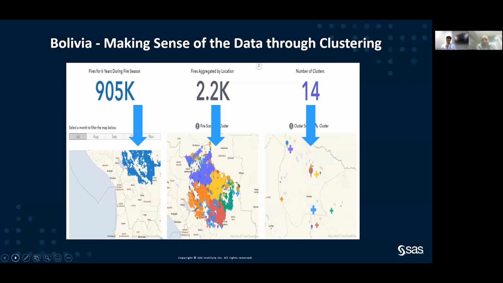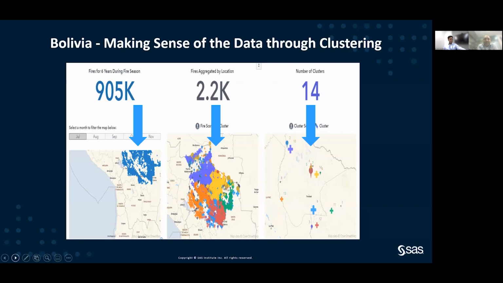And then we found the centroids for each of the 14 clusters, which gives us sort of optimal locations for the fire stations again. So we started off with a lot of data, and using clustering, we reduced the data to just 14 centroids or 14 locations. So that's what we did in this particular analysis.